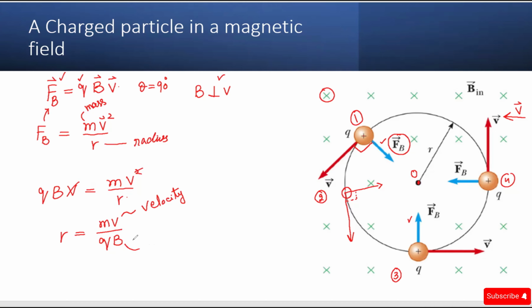Then by measuring the radius of this circular path of the charged particle inside this magnetic field, we can find the mass to charge ratio, or you can say charge to mass ratio, and this we also call the effective charge. This is the effective charge with the units of coulomb per kilogram. So this is the effective charge of a charged particle.